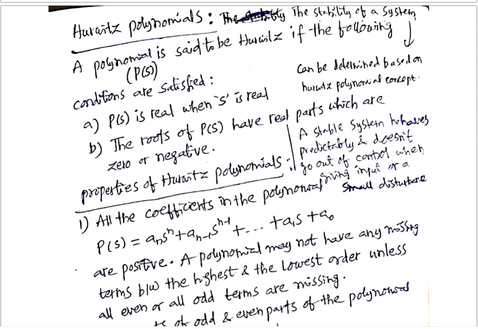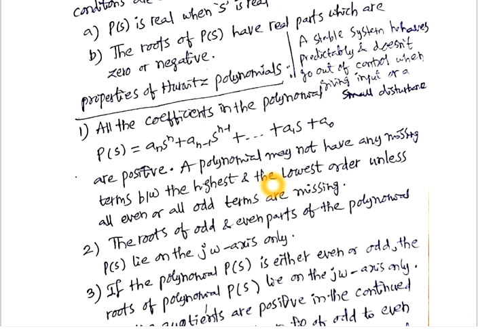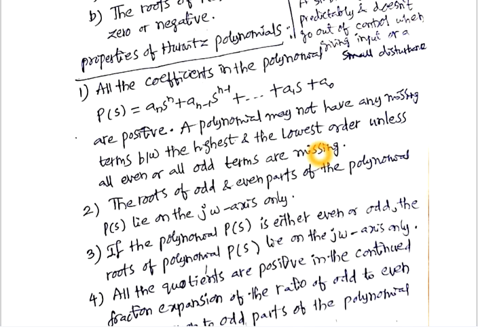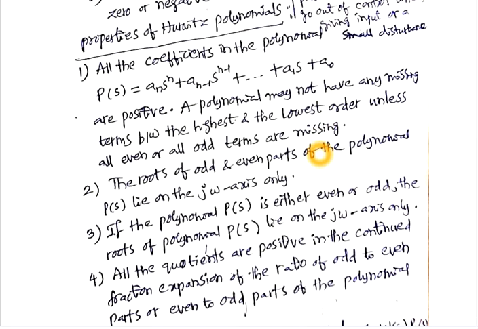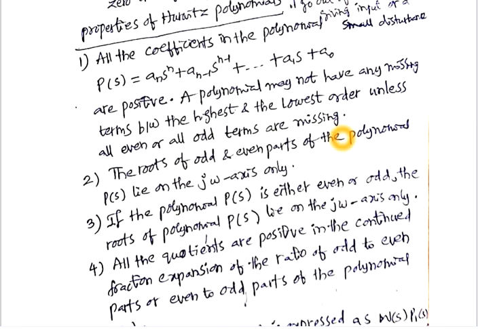So to avoid these two conditions, we can go for other properties. In place of checking these two conditions, we can check the other properties given here, and they are termed the properties of Hurwitz polynomials. Number one property is that all the coefficients in the polynomial p of s should be positive.